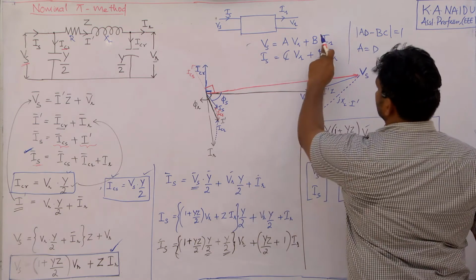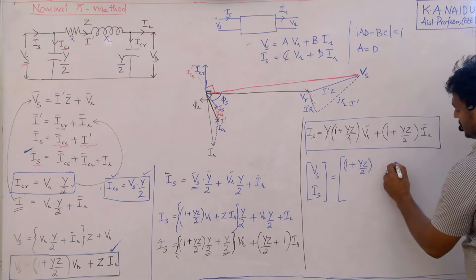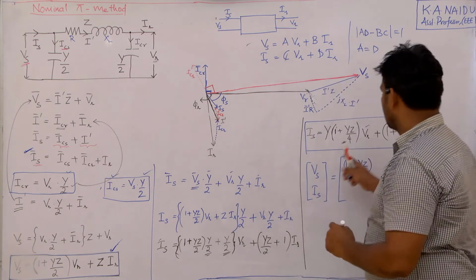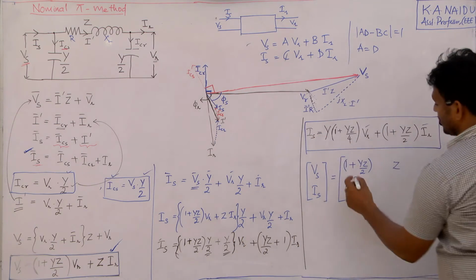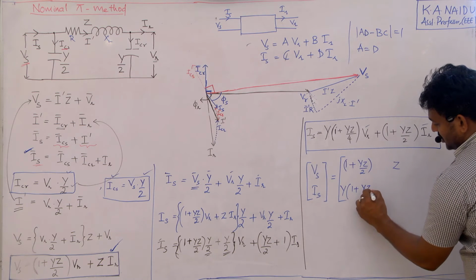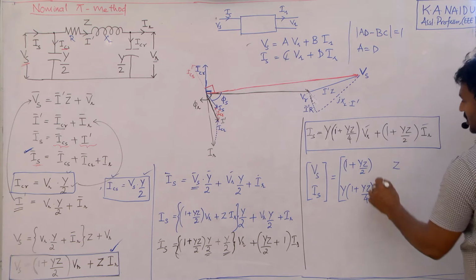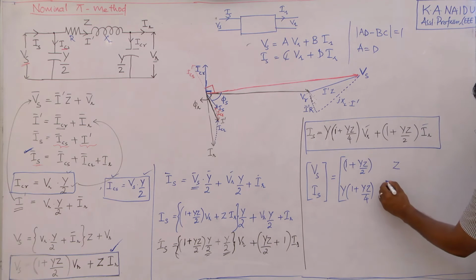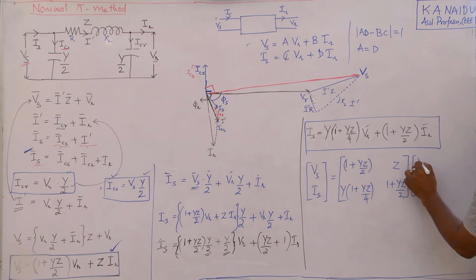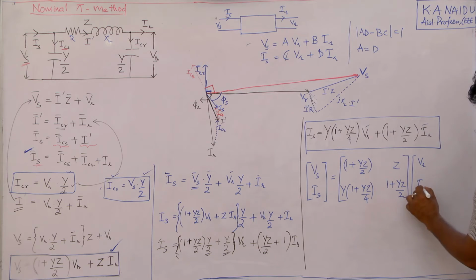In the equation Vs, what is B? Coefficient of Ir. That can be written as Z. What is the coefficient of Vr in Is? It is y into 1 plus yz by 4, and A must be equal to D, therefore 1 plus yz by 2 multiplied by Vr into Ir.